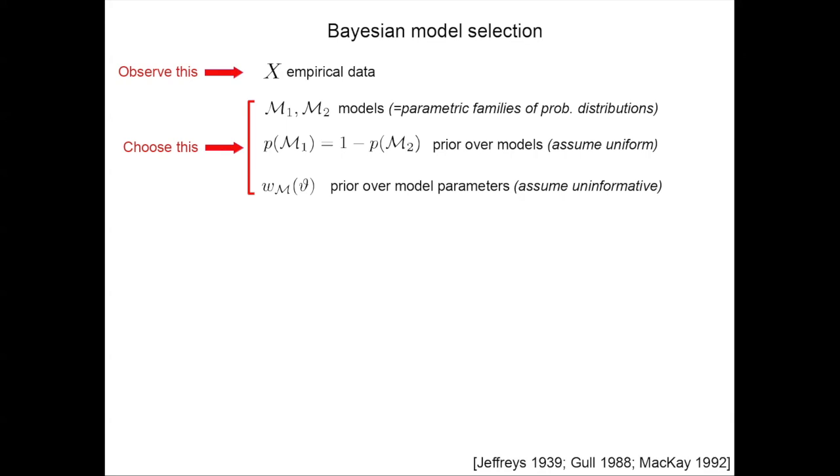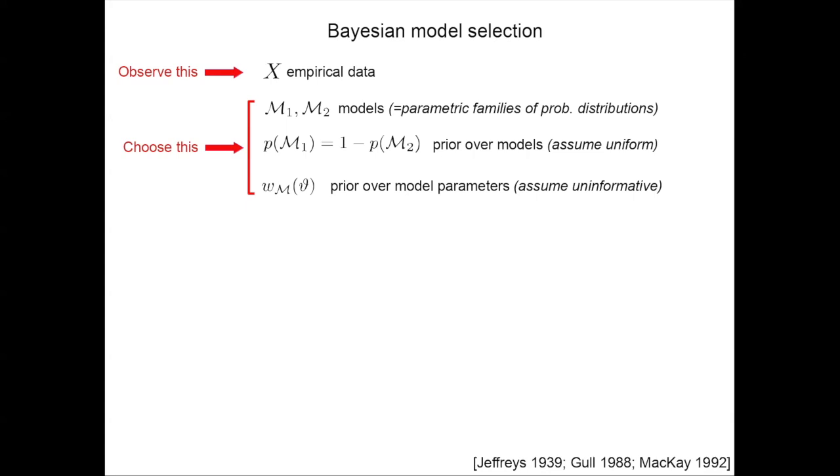Then, for reasons that will become apparent, we want to be in a Bayesian setting. The moment we choose some models, we want to choose priors, right? We need a prior over the models themselves. And here, again for simplicity, we're just going to take a flat prior over models. So we're going to assume that the two models we consider are a priori equally likely. And then each model is going to have parameters, so we need to equip them with a prior too.